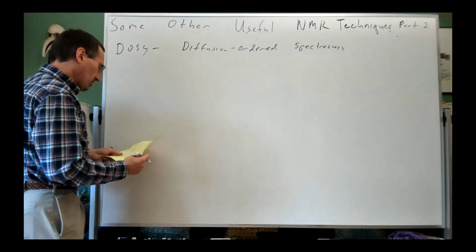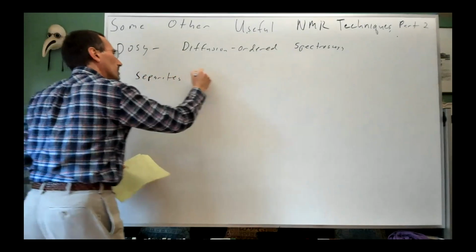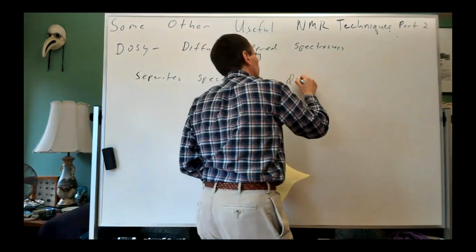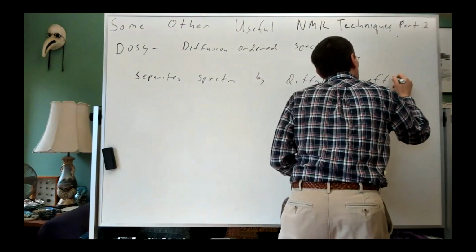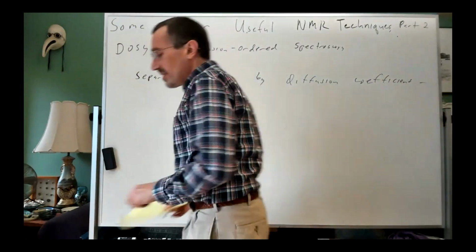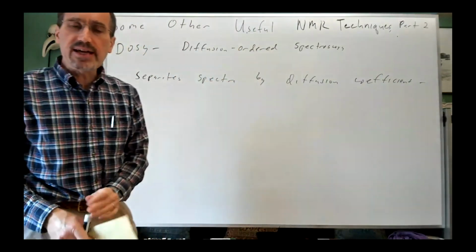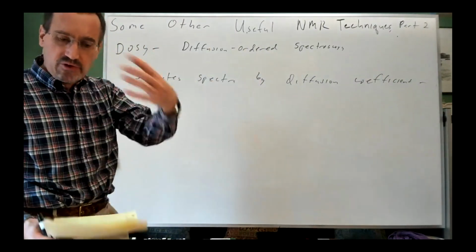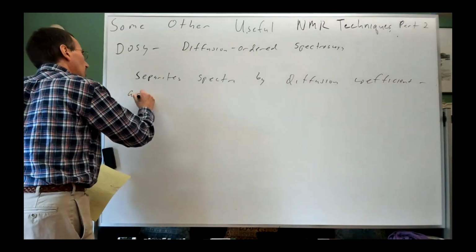It separates spectra by diffusion coefficient. And since the diffusion coefficient, the motion of the molecules, depends roughly on their molecular weight, it effectively gives you separate spectra for the higher molecular weight and lower molecular weight compounds.